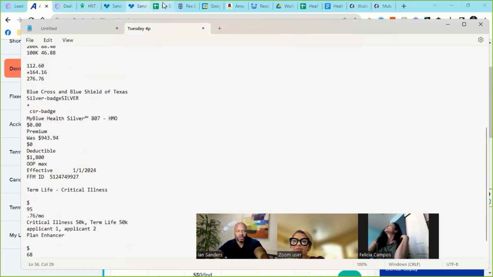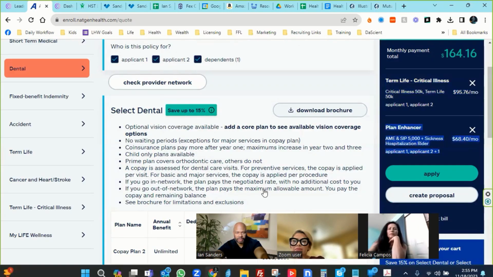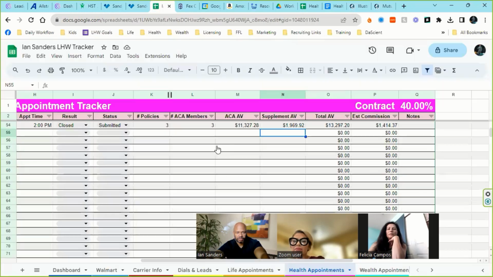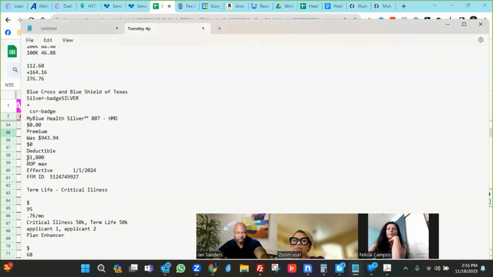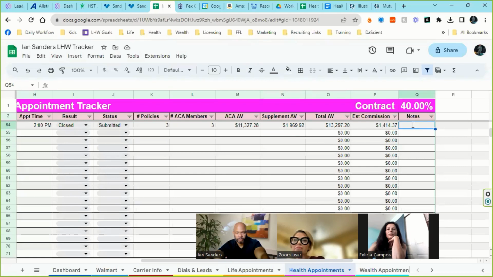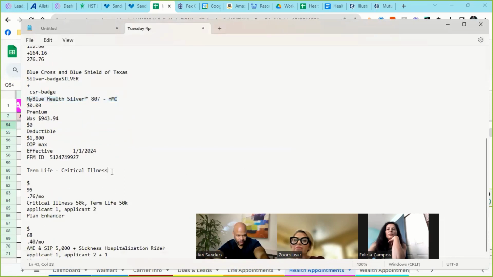Now, as far as the notes go, what I will normally do is I will do this. I'll go back in here and I'll say, okay, so we have the My Blue. They have Term Life and Critical Illness. And sometimes I'll include what the monthly amount is too.